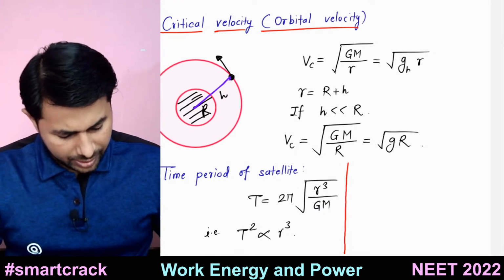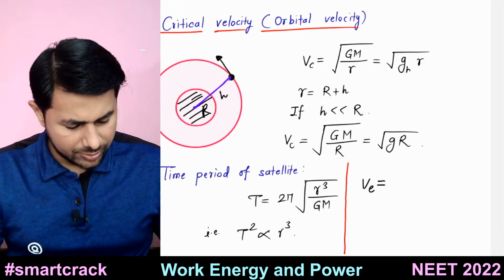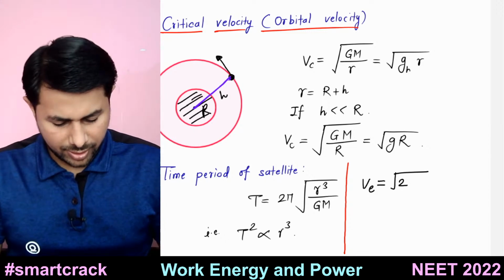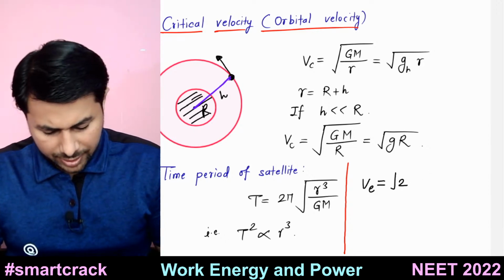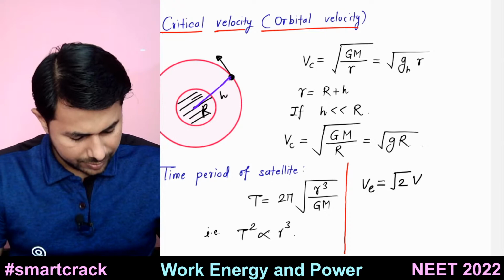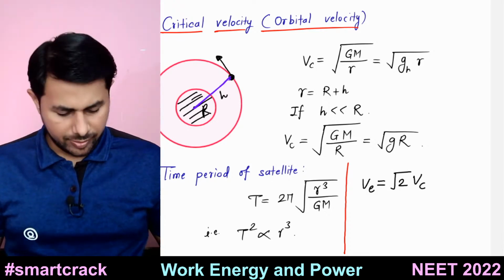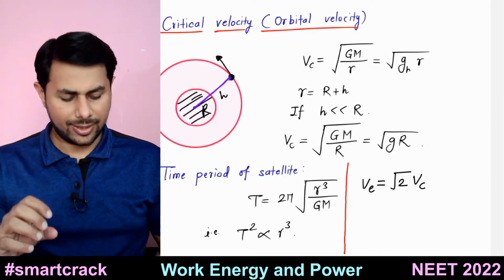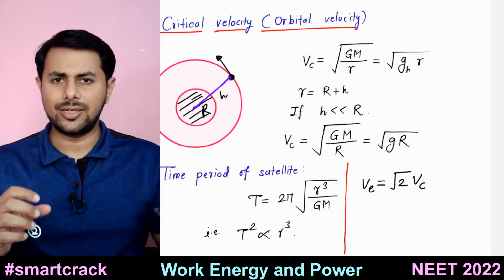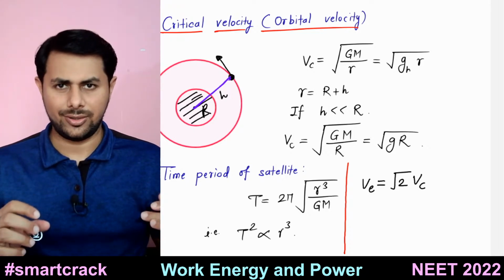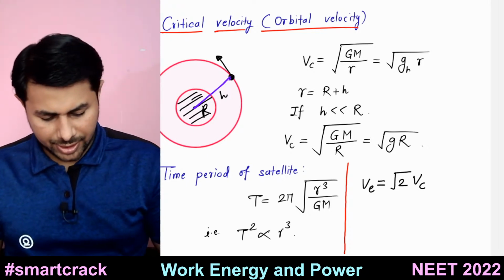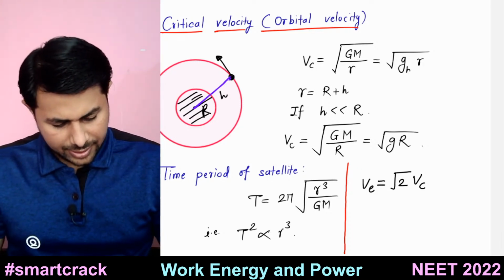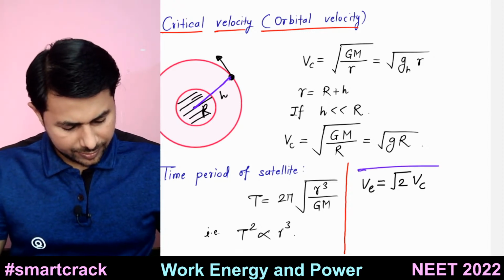I can say that escape velocity, at any height, is equal to square root of 2 times the critical velocity. Because for escape velocity we have square root of 2 times GM over r, and critical velocity is square root of GM over r. So this is the relation between escape velocity and critical velocity. It's simple.